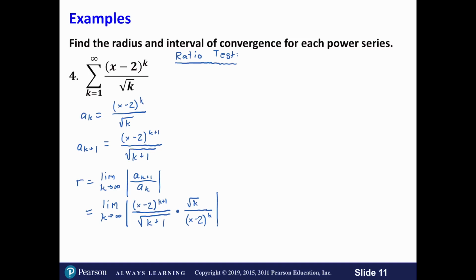Alright, so x minus 2 to the k plus 1 is really just x minus 2 to the k times x minus 2. So that will simplify. We can write this as the limit as k approaches infinity of x minus 2 times square root k all over square root k plus 1.